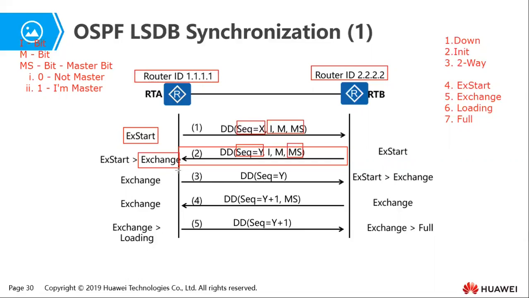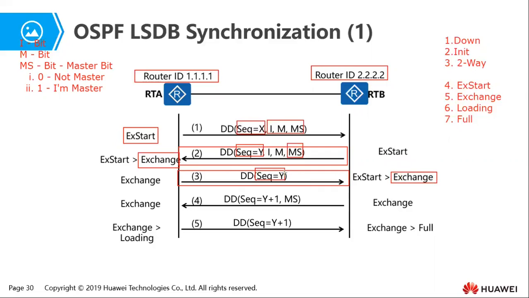Therefore, it's going to send a DDD packet with the sequence number similar to the sequence number of the packet it received from RTB, meaning that, hey, you are the master. So when RTB receives that, it's going to transit from exstart to exchange.